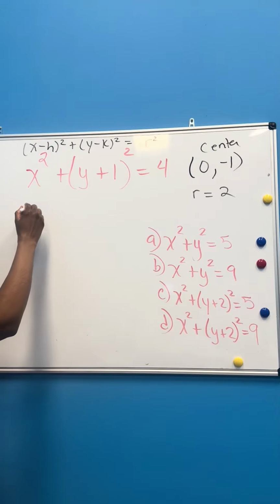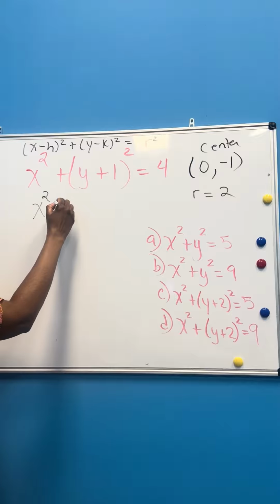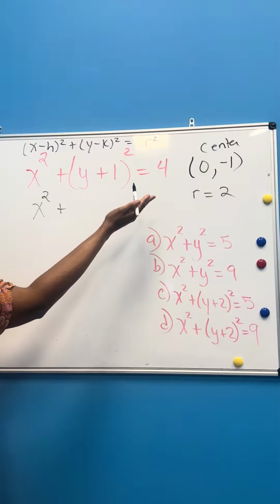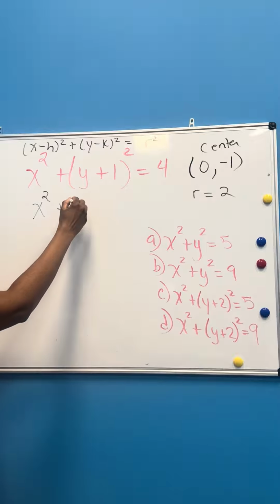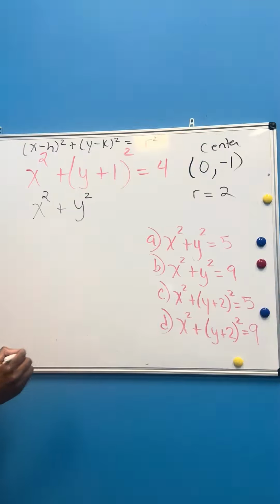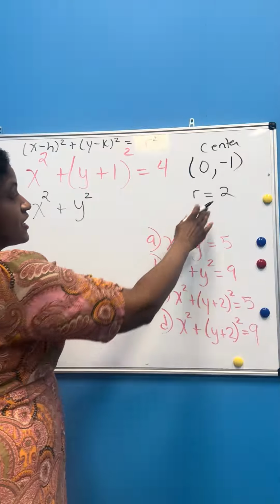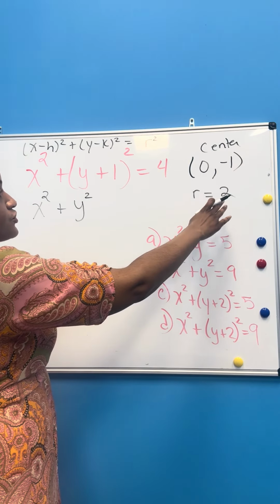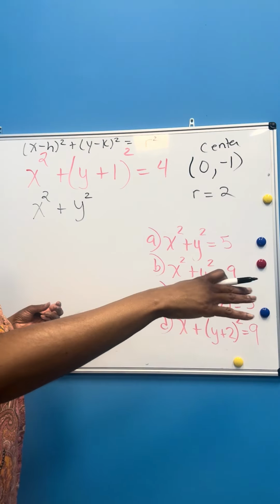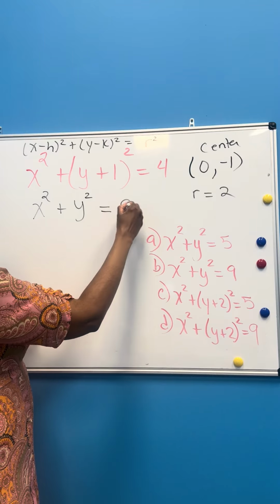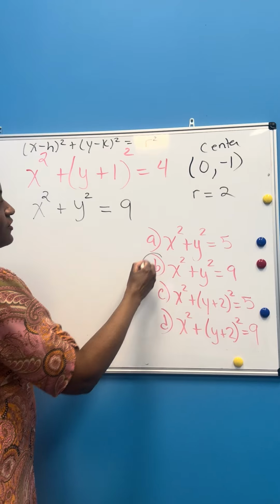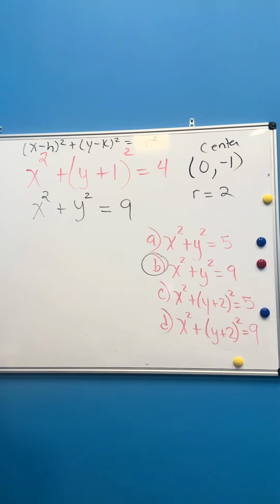The x was already 0, but now the y, which was at -1, is moving to 0. So this would be the way to write the equation, because when it's 0, you don't need to write the 0. And now the radius is increasing by 1. The radius was originally 2. If it increases by 1, now it becomes 3. So if we do 3 to the second power, it is 9. So this is our answer. That's how your circle will change.